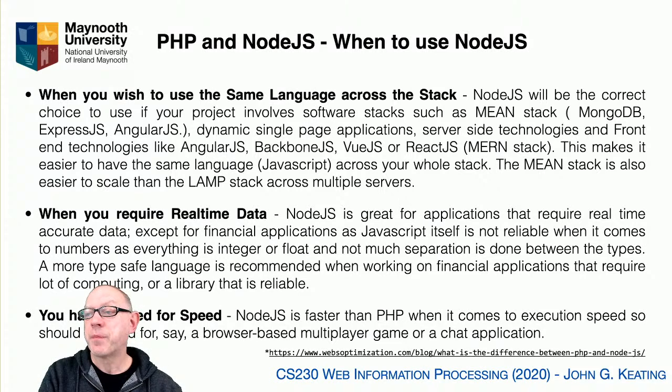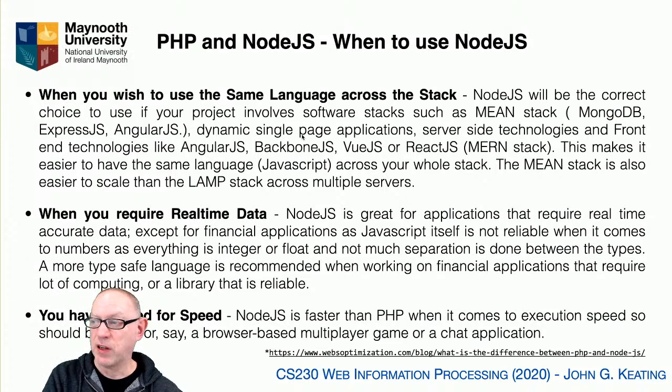So when do you use Node.js? When you want to use the same language across the stack, this is the whole full stack development we were talking about previously. Node.js will be the correct choice here because it's really the only one that involves the full stack where you can use the same language right across the stack.